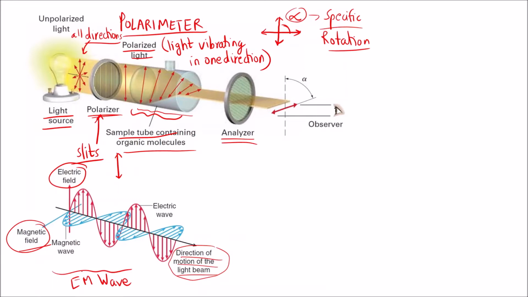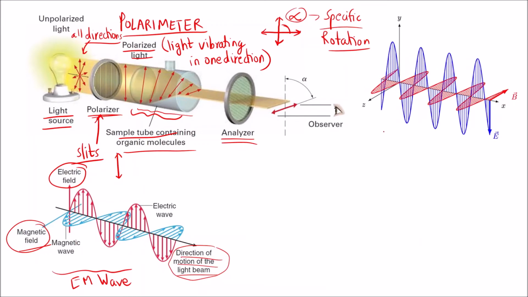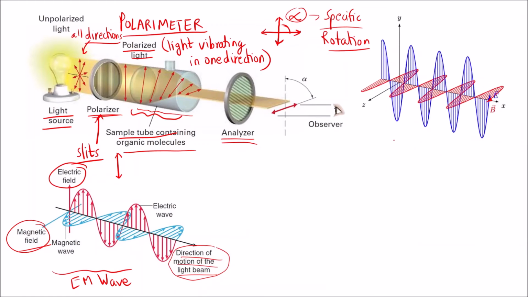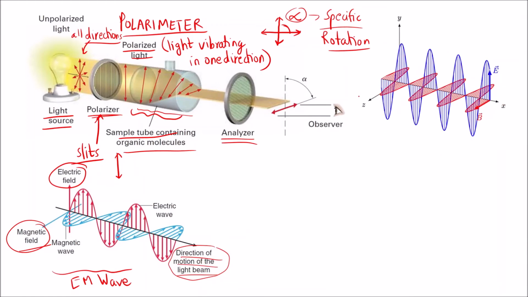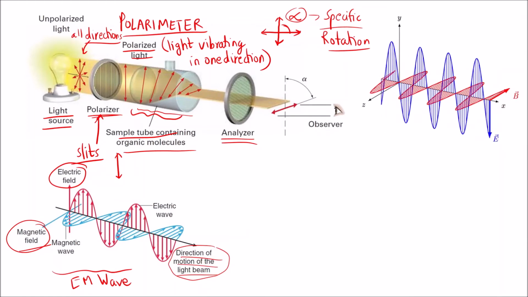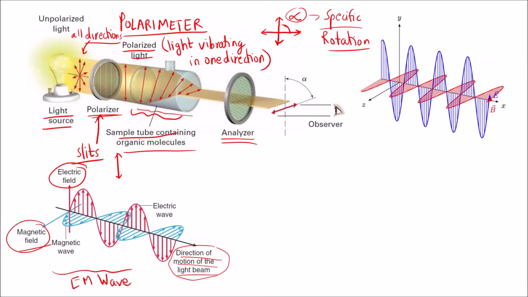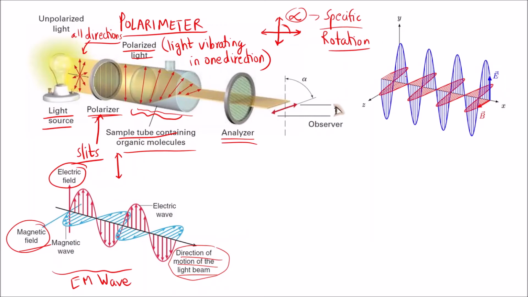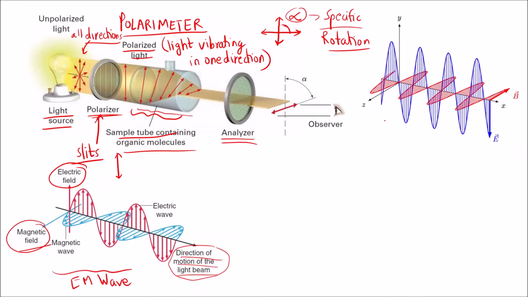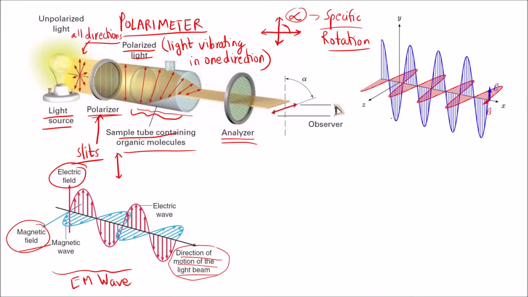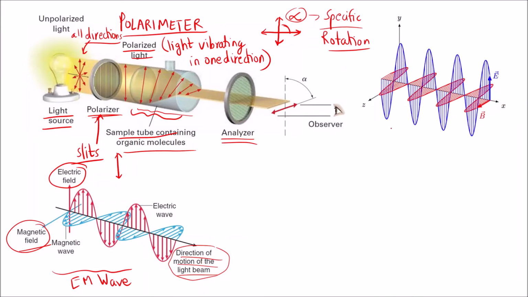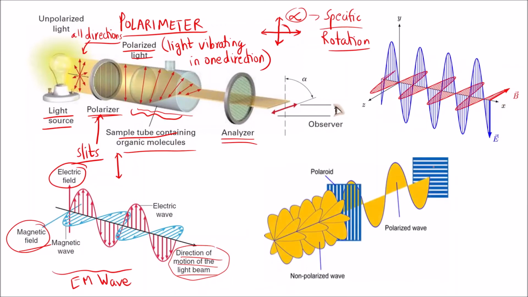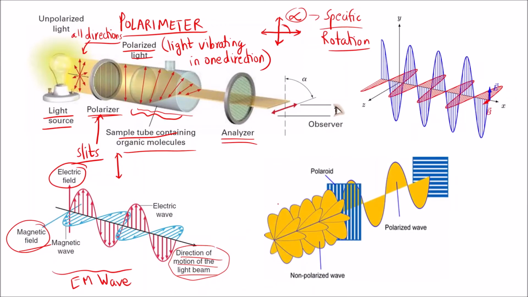This is the diagram of a normal electromagnetic wave or radiation. In this animation, you can see much more clearly that light is vibrating in all the different directions, or in different planes.